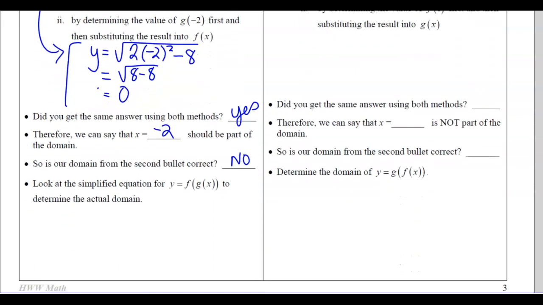Look at the simplified equation to determine the actual domain. Remember, that's the root of 2x squared minus 8. Now you have to think back to the quadratics that we did. We know that in order for this radical function to exist, the radicand has to be greater than or equal to 0.